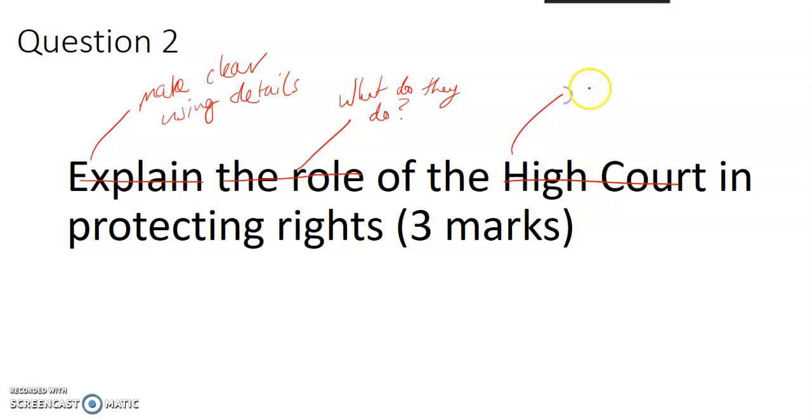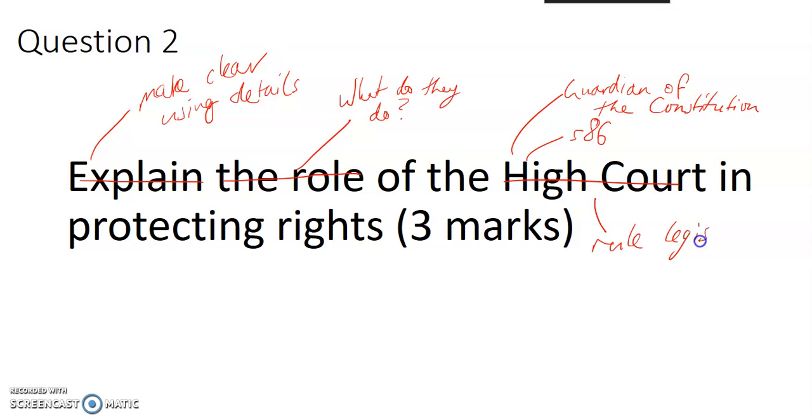Immediately I can just dot a few points down. I know it's the guardian of the Constitution. Its job is to interpret the Constitution. I know that it is entrenched in Section 86. I hope someone can check that up for me, and that it can rule legislation made by Parliament invalid.